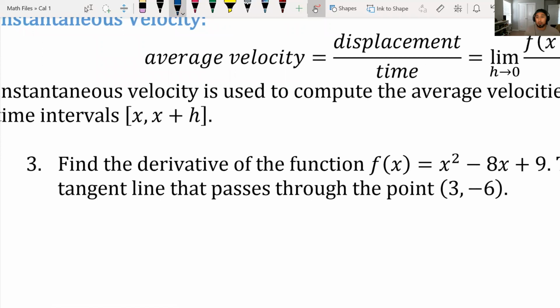We can do it step by step, but let me show you what it looks like in one go.